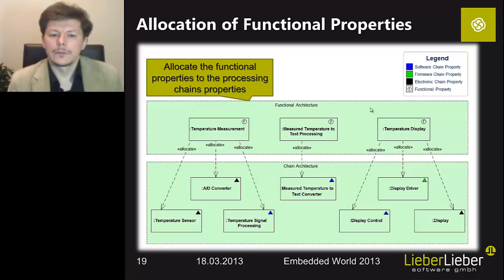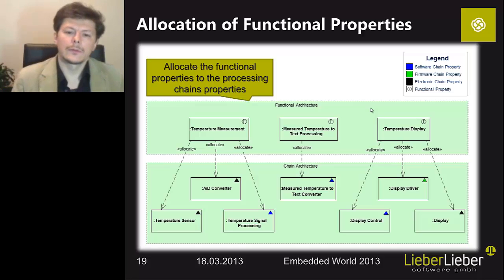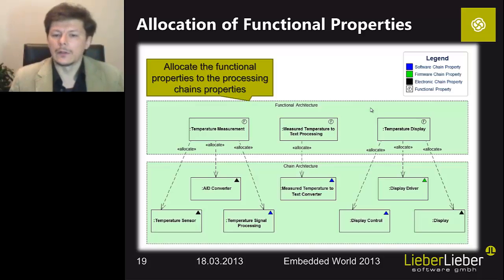At the end, after the functional architecture is developed and the processing chain architecture is finished, you should build traceability between these two types of architecture, or between these two views on the architecture, using the allocate relationship.